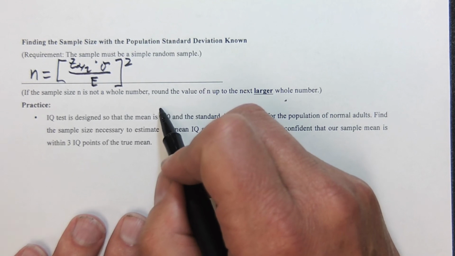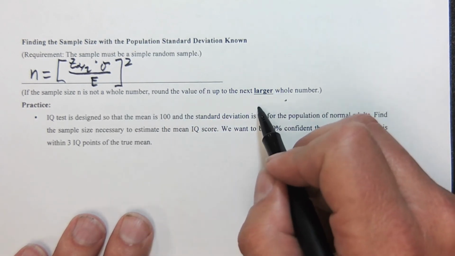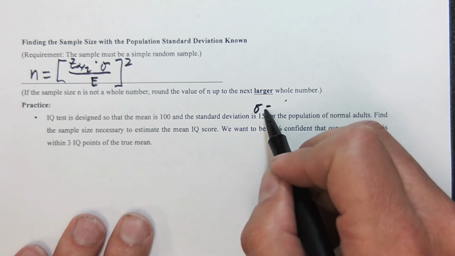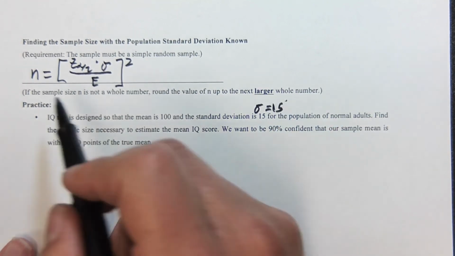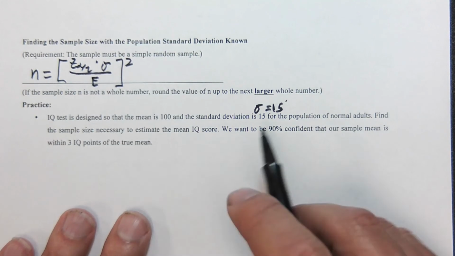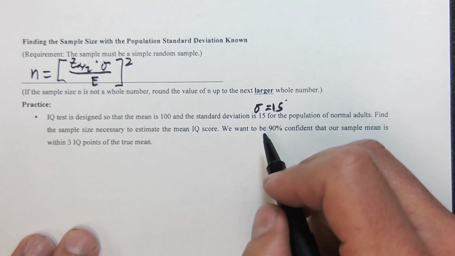So here's our mean, of 100. Here's our standard deviation, 15. And we want to find the sample size, so we're looking for n. We want to know the minimum number of people. And we want to be 90% confident.